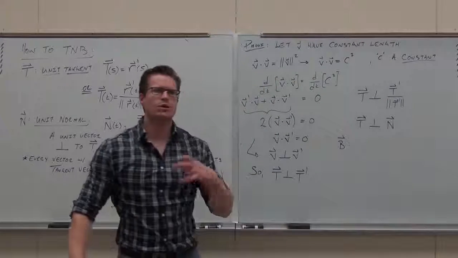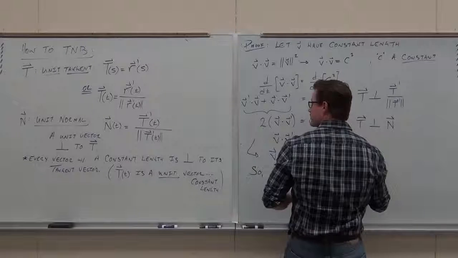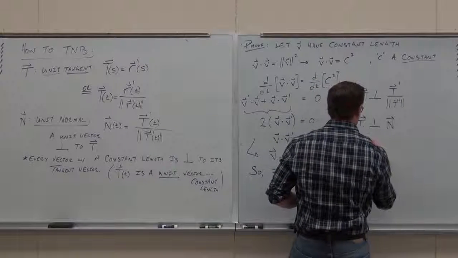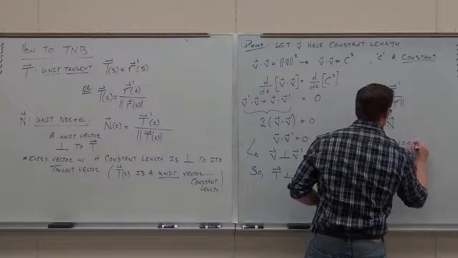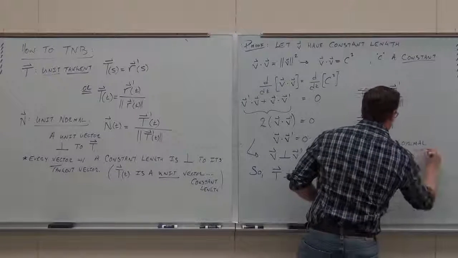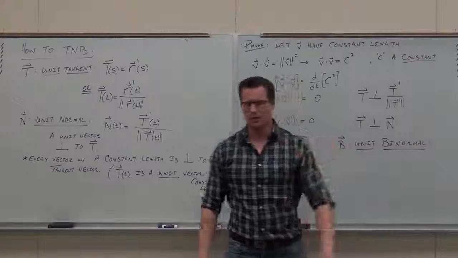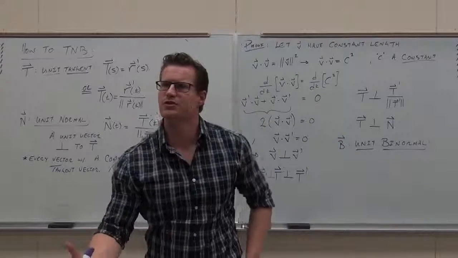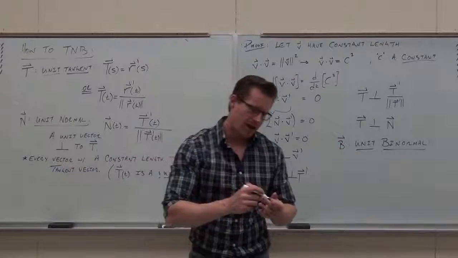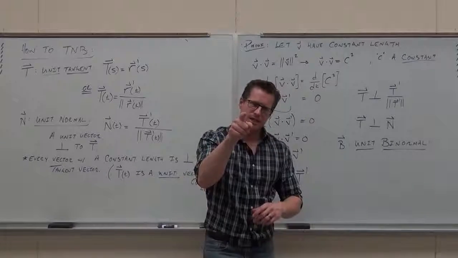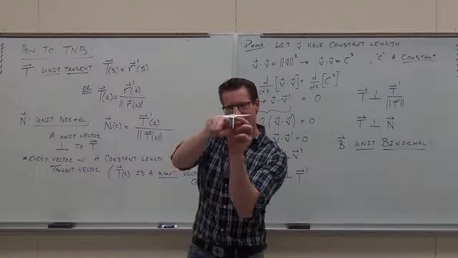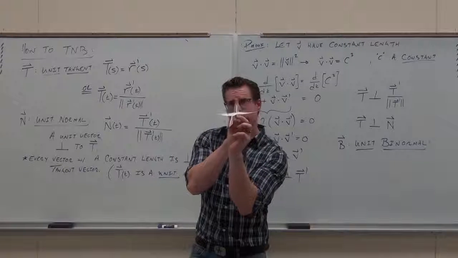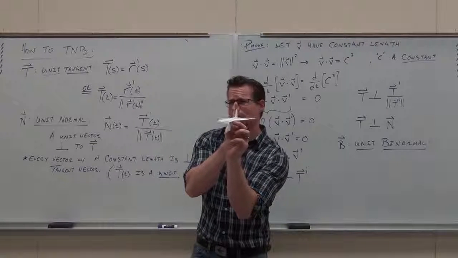The b is the unit binormal. It's kind of a simple proof, but there's no fancy proof for this one. Here's why. If you have a vector t and you have a vector n, which we just proved are perpendicular, but even if they weren't, I don't even care.